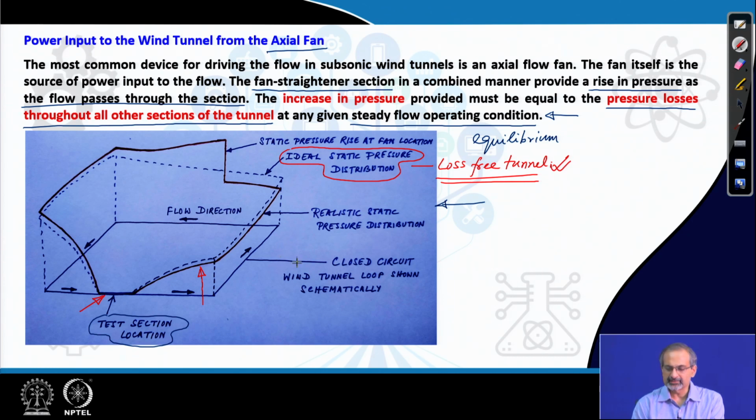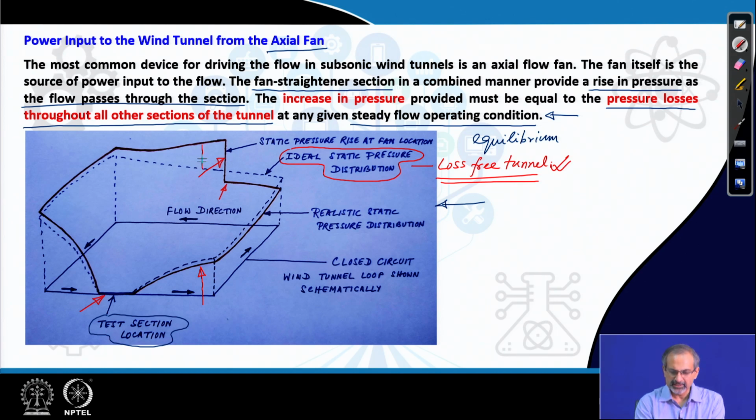So, the realistic static pressure distributions fall below the ideal static pressure distribution downstream of the test section. It carries all the way through up to the fan section, where the fan jacks up the static pressure and puts it beyond the ideal static pressure distribution.